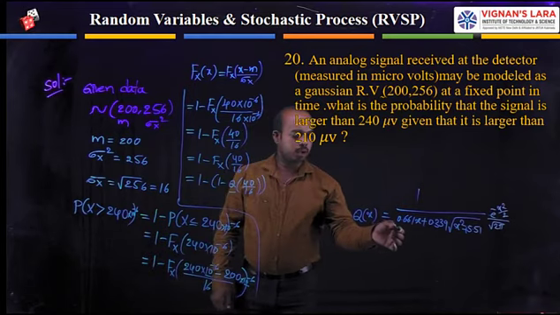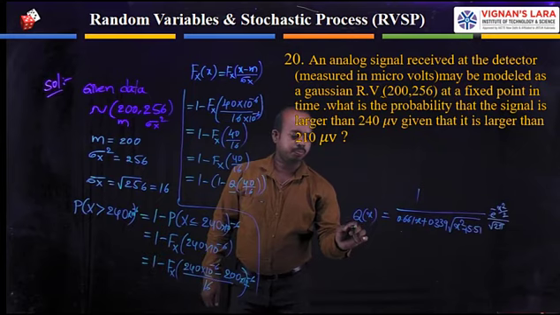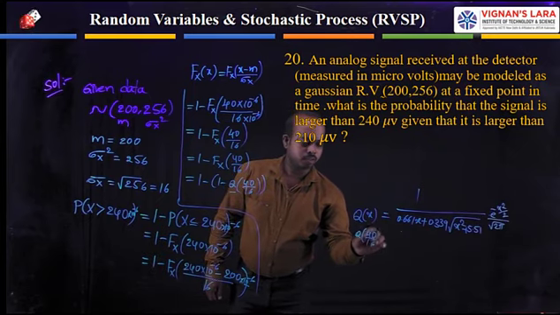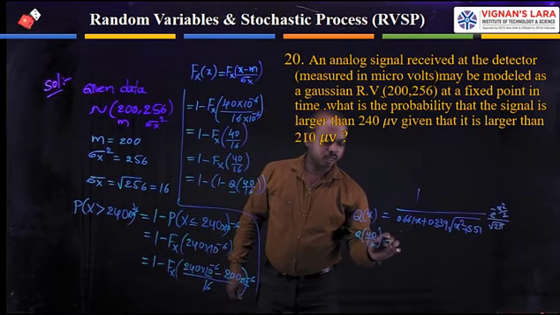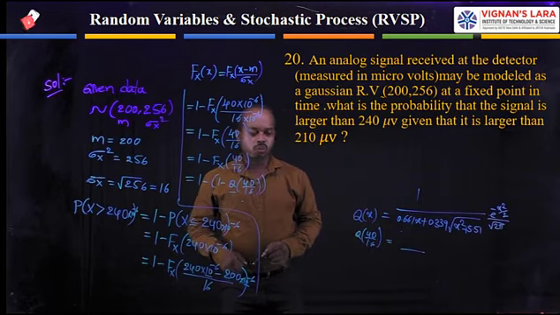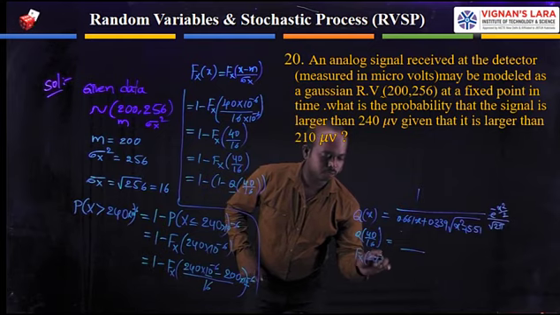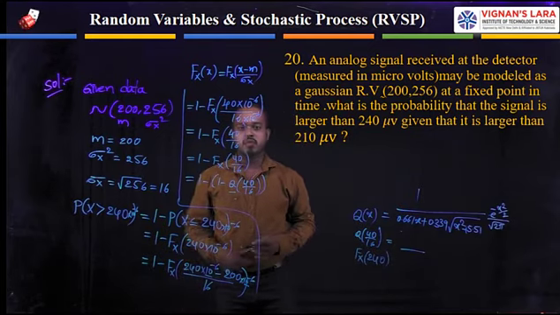By using this formula you can find Q of 40 divided by 16. Just put in the value of x, and we obtain the transformation value at F of 240 microvolts for the greater value.